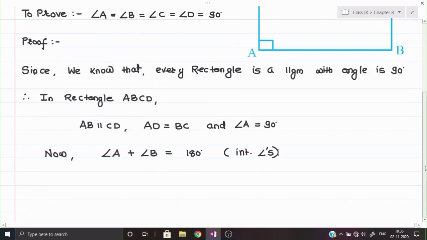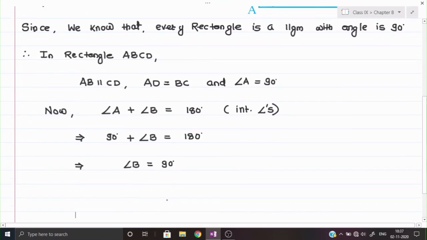So here we can say that angle A is equal to 90 degrees plus angle B is equal to 180 degrees. Okay, angle A value I have kept here, and 90 if I send on that side, angle B will be equal to 90 degrees over there.